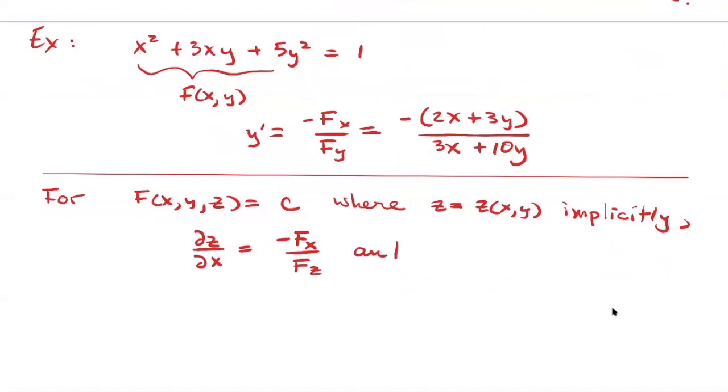And partial of z with respect to y is negative fy over fz. Okay, so that's again kind of a clever thing. I don't know how helpful it is. It's a cute little trick, I think, is about all I get out of that.